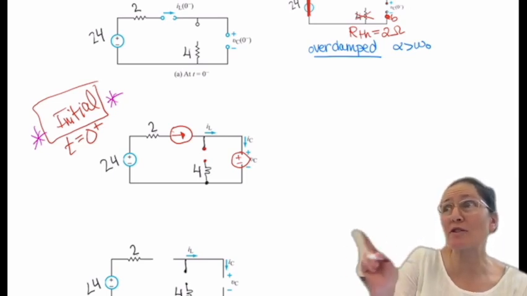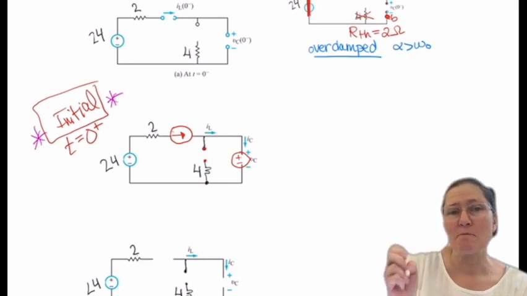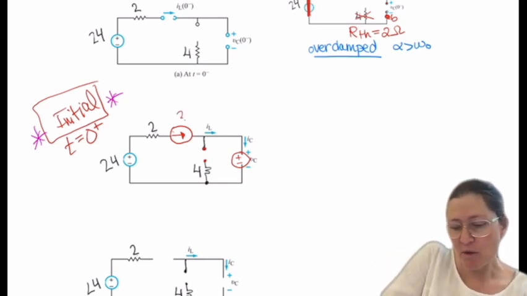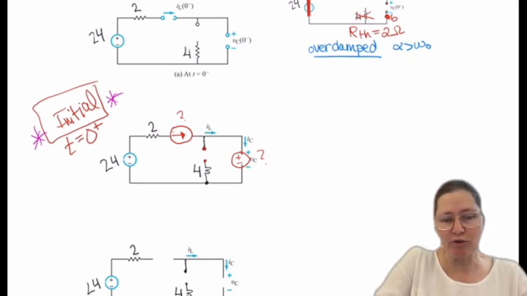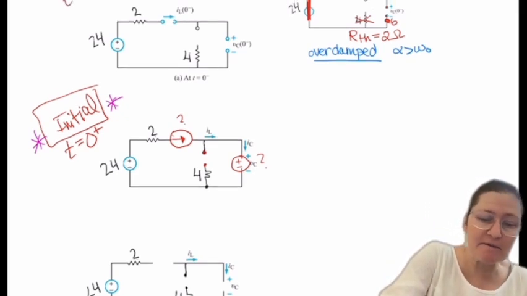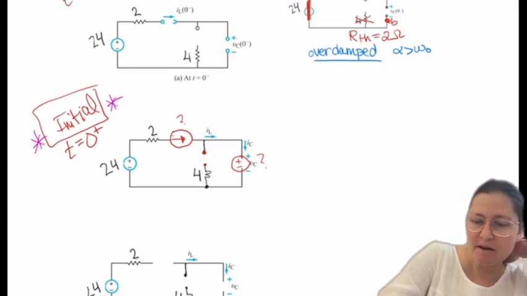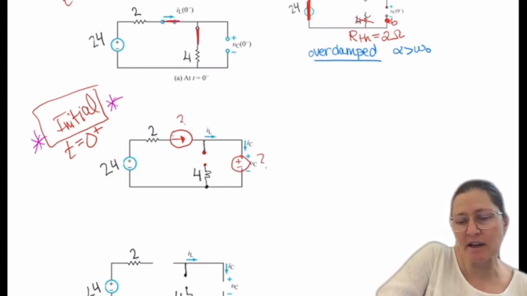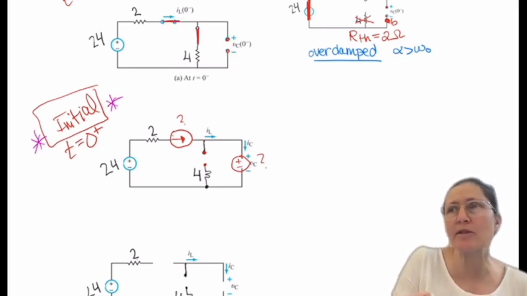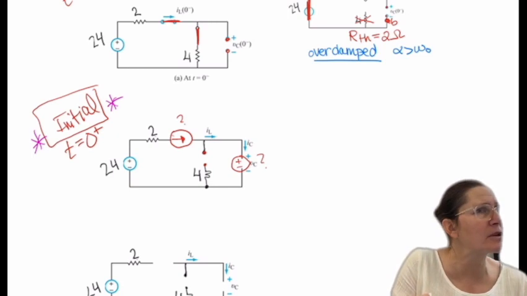So this is where you're actually finding the initial value. But here you don't know what these two values are, right? You can't just look at the circuit and say, oh, that value is this. So that's why you do the time right before, which is when the switch is still closed, and this has been sitting there for a long time, so this is a short and this is an open. Does that make more sense?